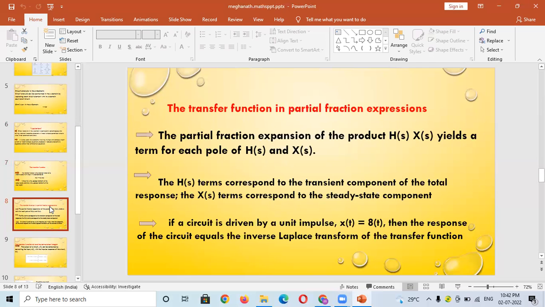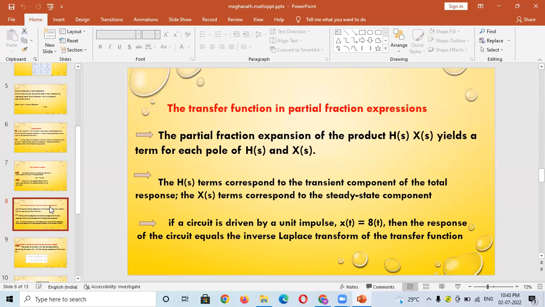The X(s) terms correspond to the steady state component. If a circuit is driven by a unit impulse, x(t) = δ(t), then the response of the circuit equals the inverse Laplace transform of the transfer function.